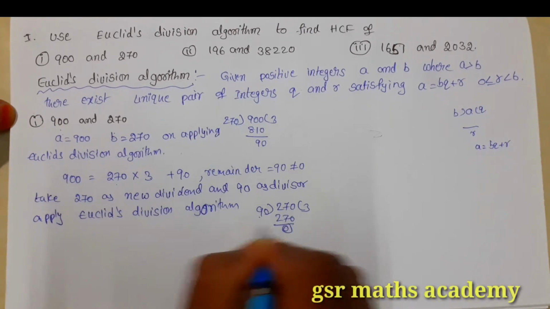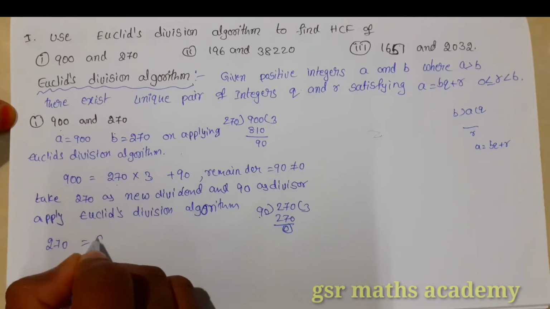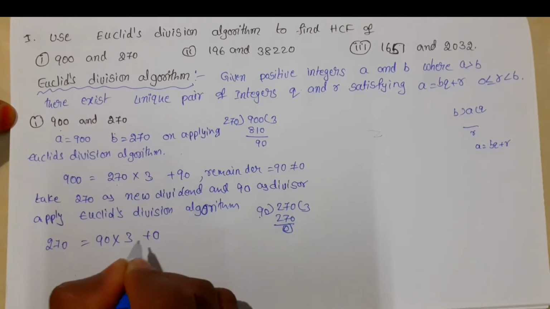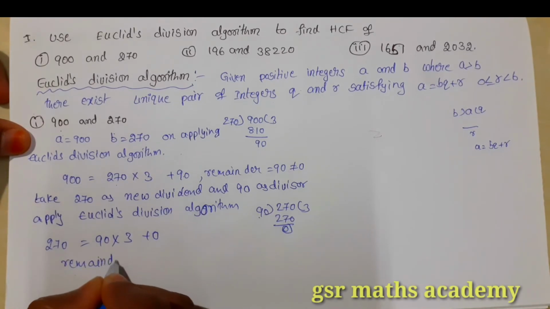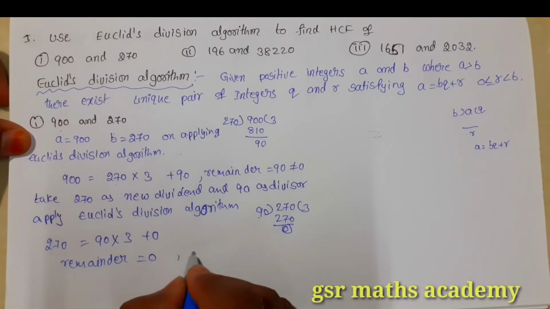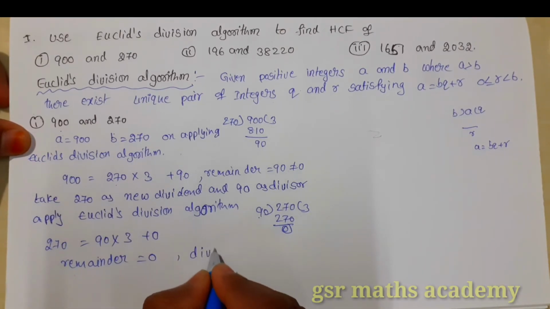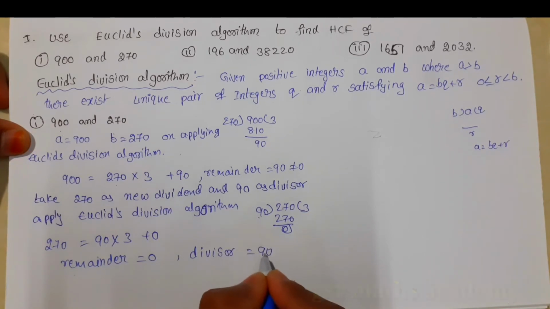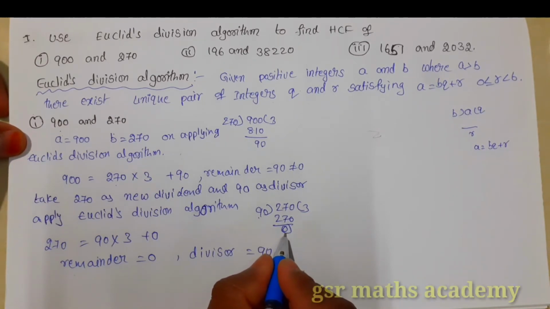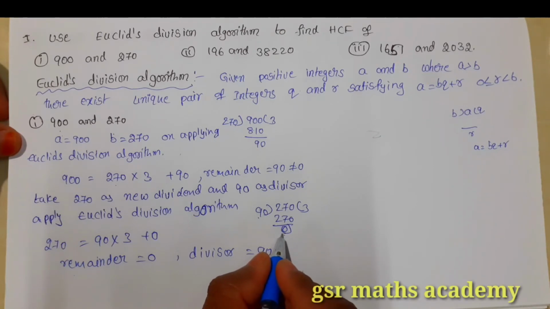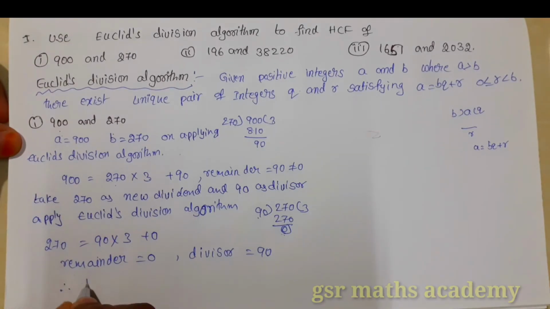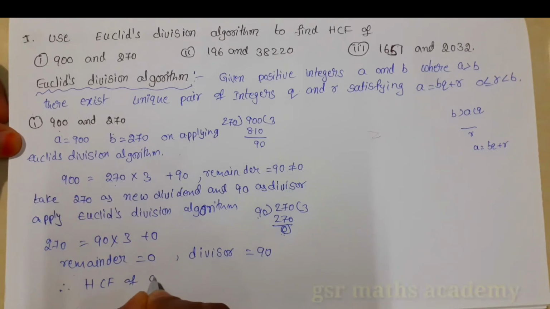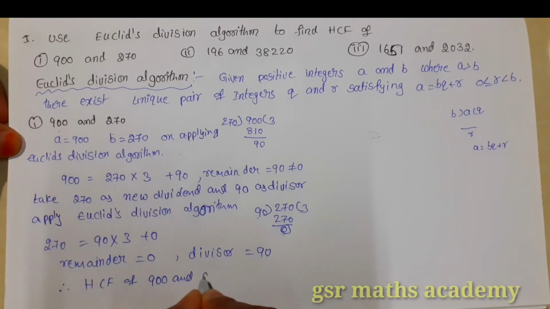That means 270 can be written as 90 into 3 plus 0. Here what is the remainder? Remainder is 0. And what is the divisor here? Divisor is 90. When we get a remainder as 0, in this step the divisor would be the HCF of these two numbers. Therefore we can say that HCF of 900 and 270 is 90.